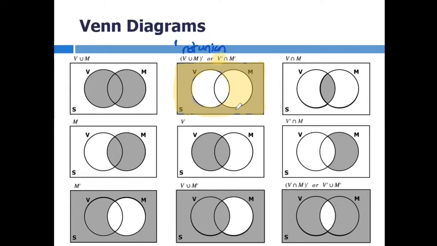Then I'm going to take my pink and highlight not M. So not M is everything outside of the M circle. That is not M. And I know it's not very easy to see, but there's a lighter pink and a slightly darker pink.